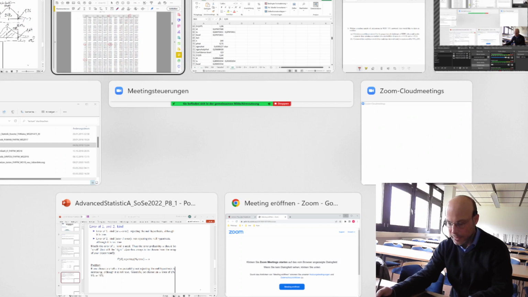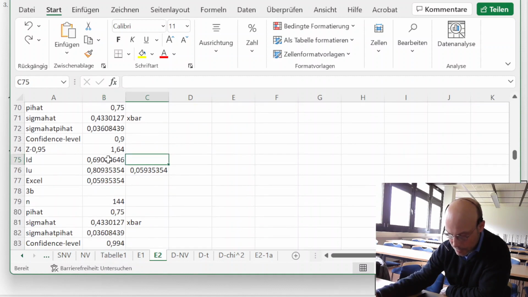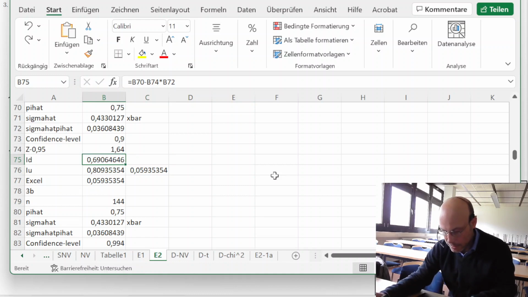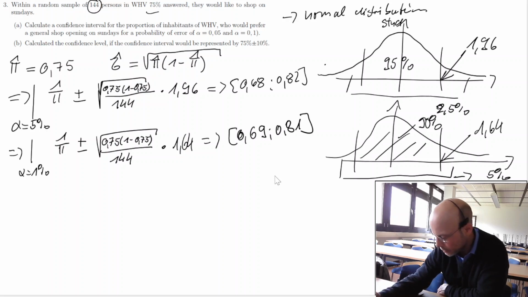And then our limits, if we put this in, are 0.69 and 0.81.